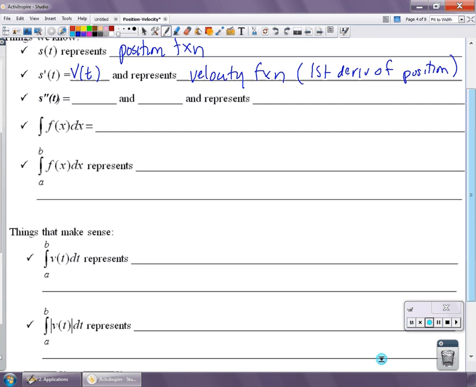Old stuff. The first derivative of velocity is equal to acceleration, which is the second derivative of position.